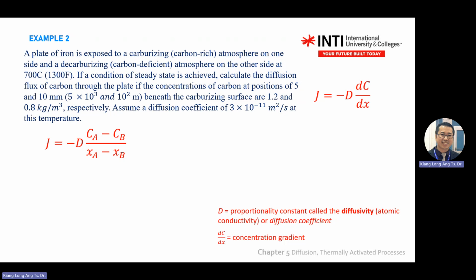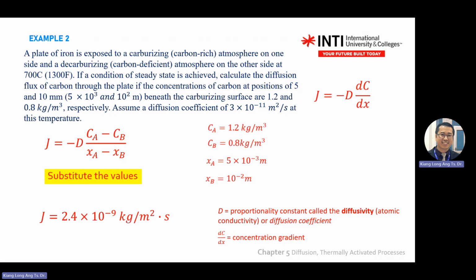So you put in concentration at point A minus concentration at point B, over XA minus XB. So CA is 1.2, CB is 0.8, XA is 5, XB is 10.